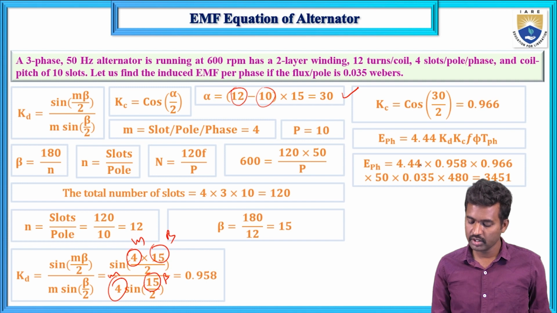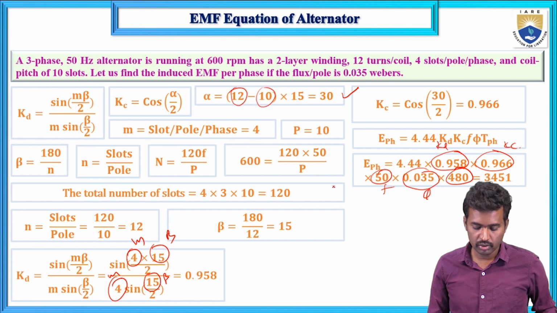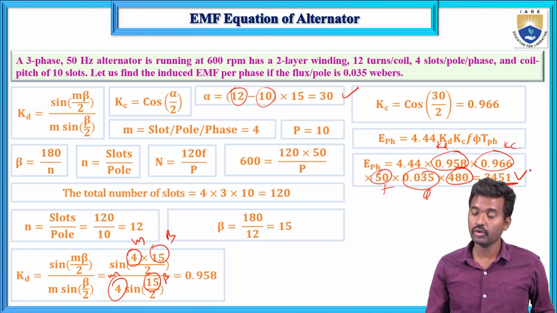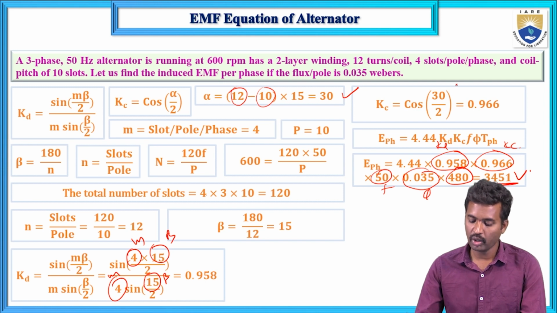Now E phase equals 4.44, this is Kd, this is Kc, this is f, this value is the flux, and the total number of conductor turns equals 120 into 4, that equals 480. The voltage equals 3451. So we directly know this formula, but the main task in this problem is the Kd calculation.